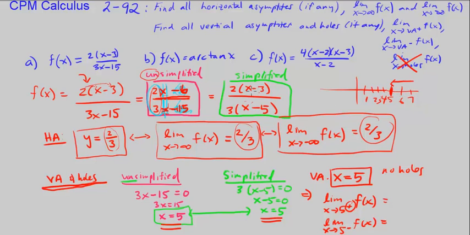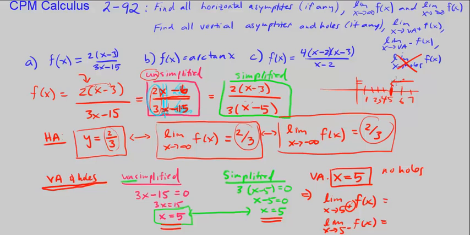At x is 6, we know this number on top, 2 times 6 minus 3, is 6, over 3 times 6 minus 5, which is 3 times 1. So it's going to be 6 over 3, which is positive 2. So at x is 6, we go up 2.